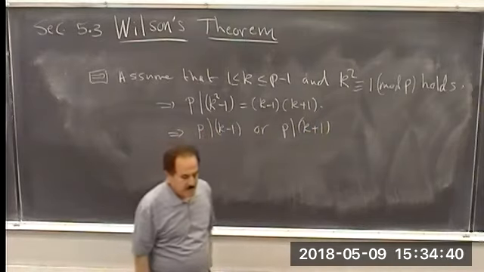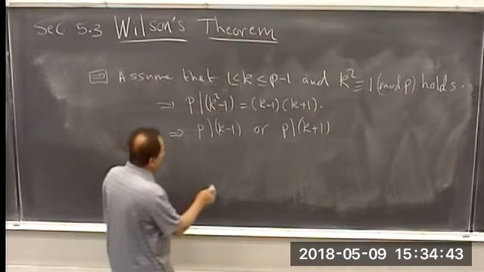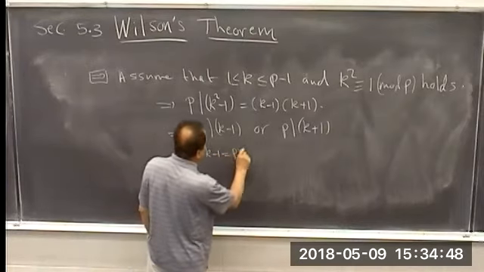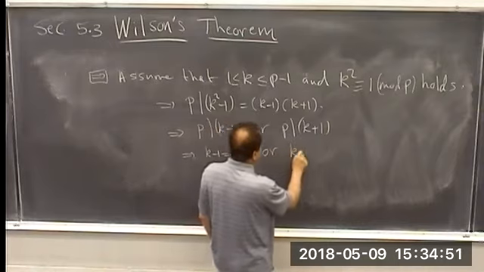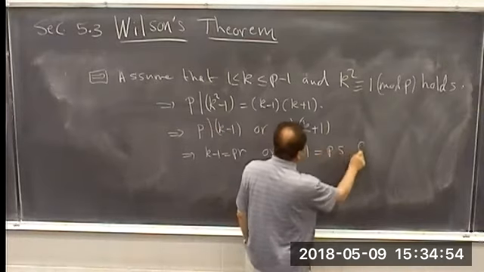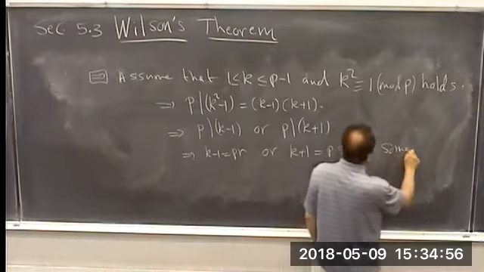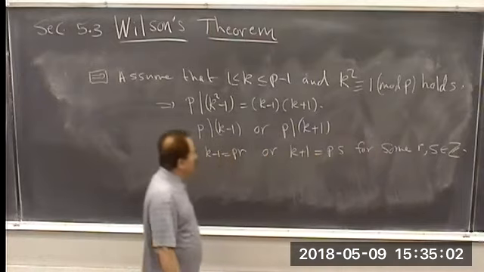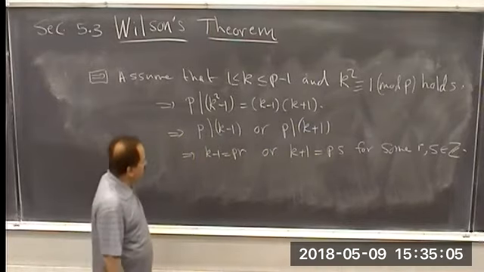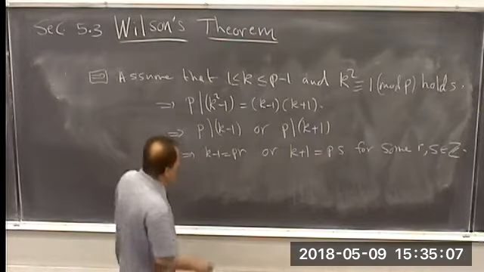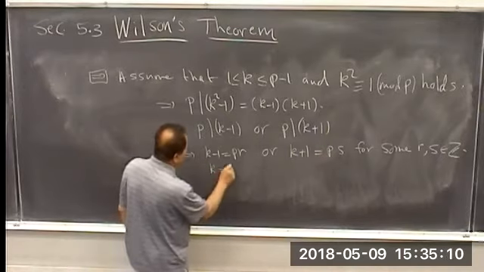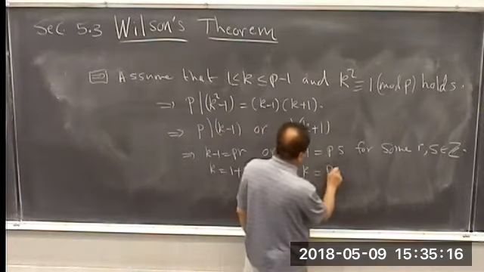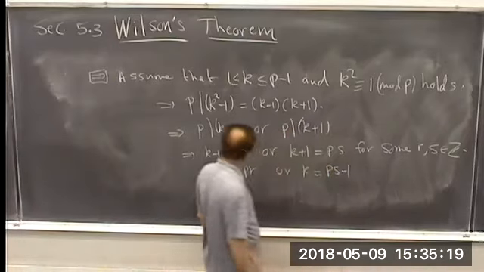All right? Now, let's take the two possibilities. This implies that k minus 1 equals pr, or k plus 1 equals ps, for some integers r and s. And this allows us to write that k is equal to 1 plus pr, or k is equal to ps minus 1.